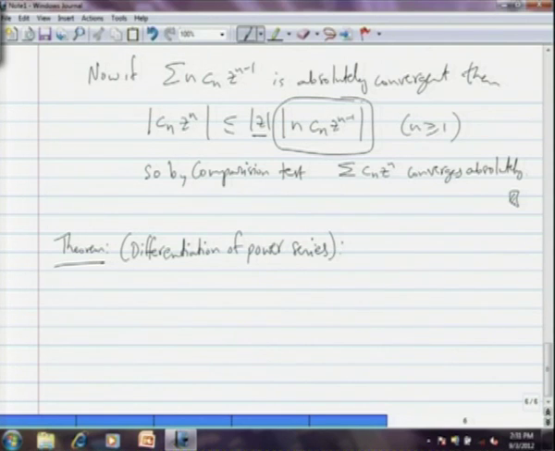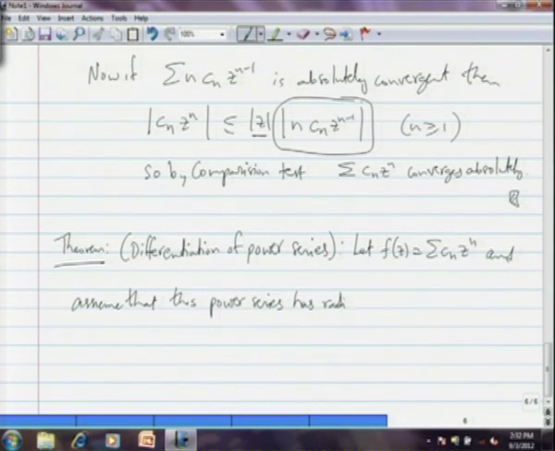So, let f of z equals sigma C n z power n, and assume that this power series has radius of convergence R strictly greater than 0.